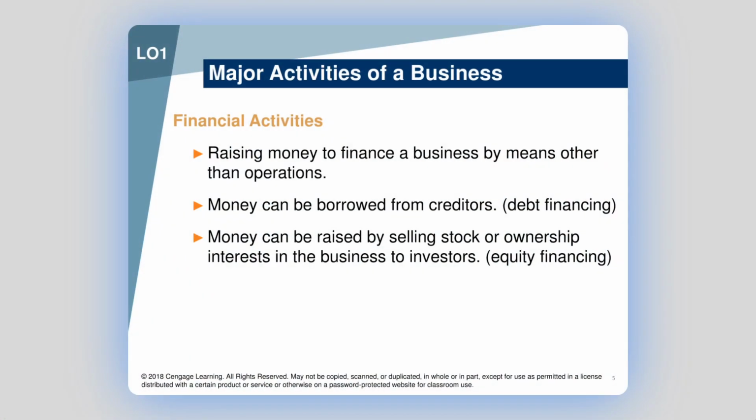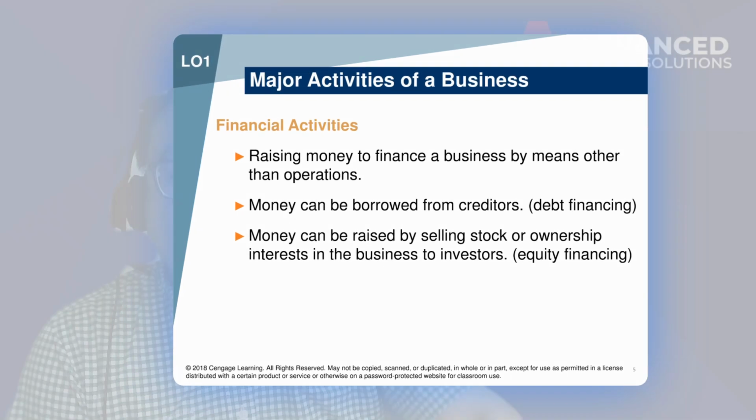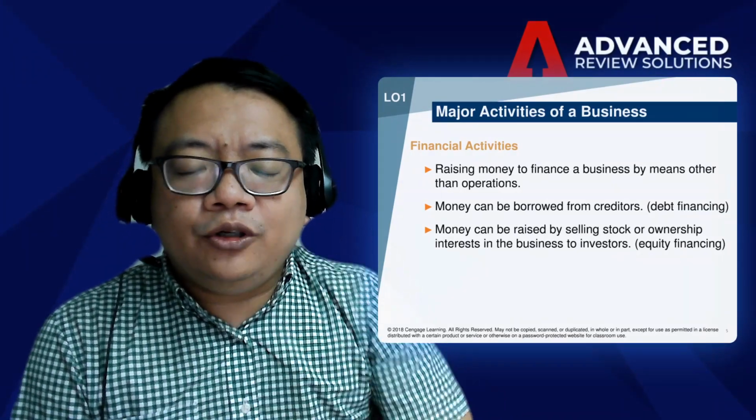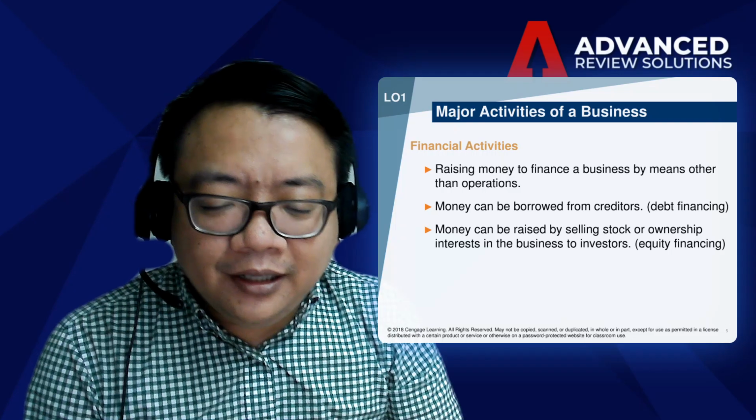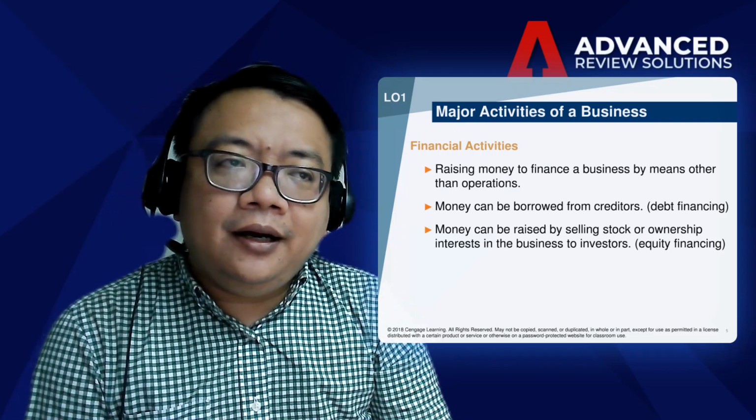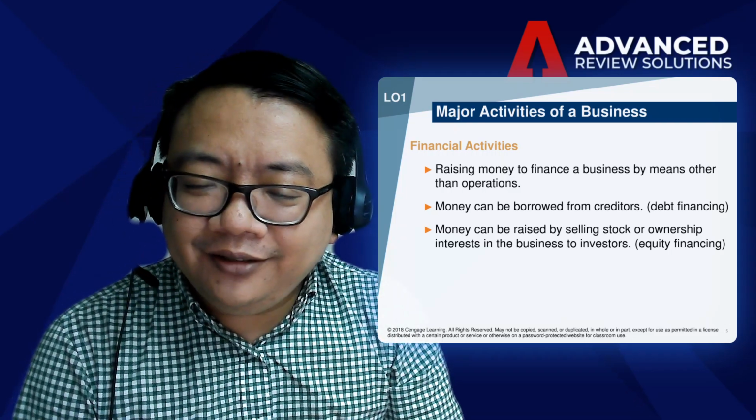Next one is your activities in financing. There are only two classes here: your equity financing and your debt financing. So this is more on where to get the money.